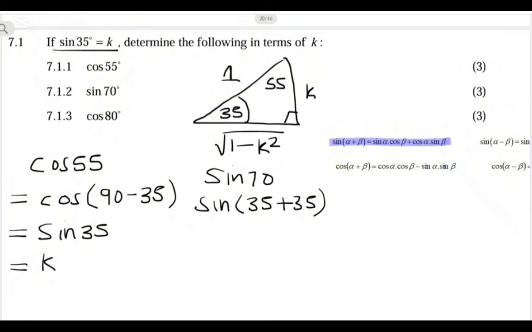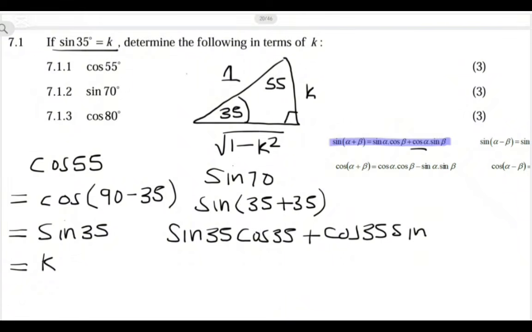Look what I'm doing. It's going to be sine of 35, the reference angle, and then cos of 35. You can use the double angle any way that you think is fast. Then plus cos of 35 and then sine of 35, perfect.